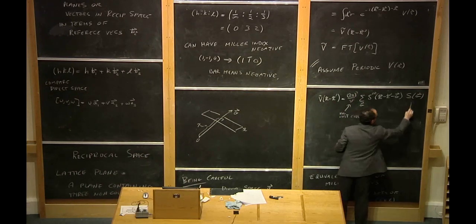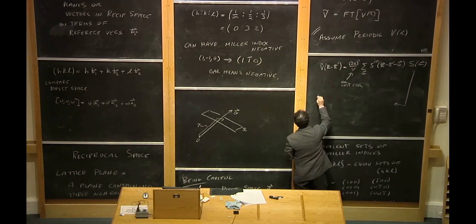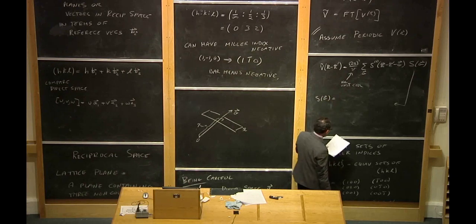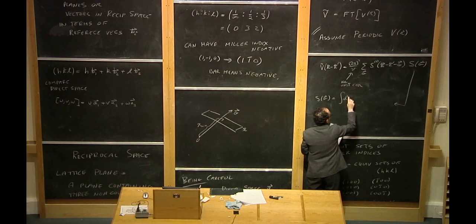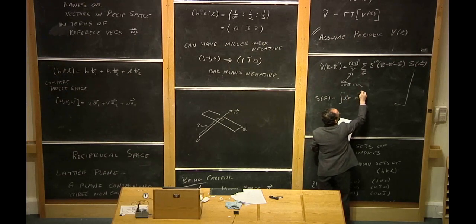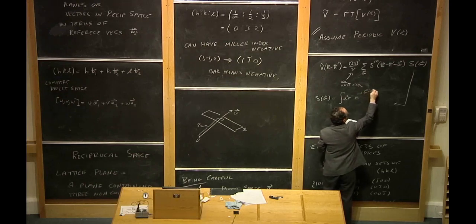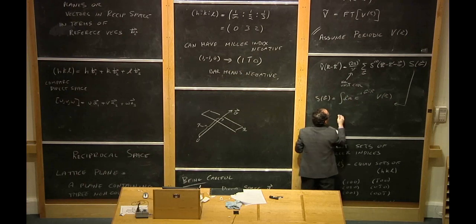And the structure factor here, S of g, equals the Fourier transform within a unit cell, the integral d3r e to the i g dot r of v of r. And it's an integral over the unit cell.